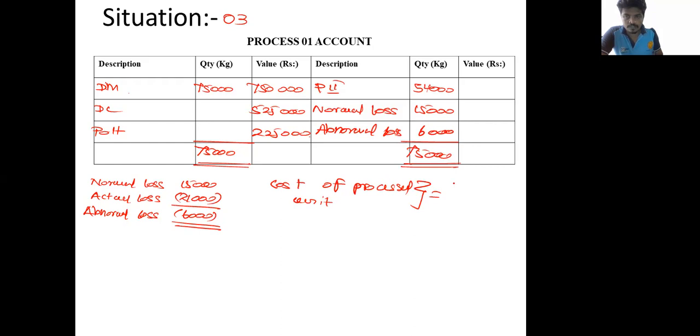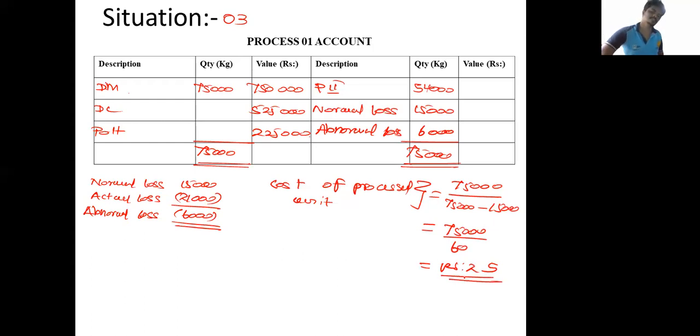Here the total cost of the process, 1.5 million, divided by expected good units. Expected good units means inputs minus normal loss. Here still 15,000. Then 75,000 minus 15,000 is 60,000. As we calculated earlier, our cost of a processed unit is 25.